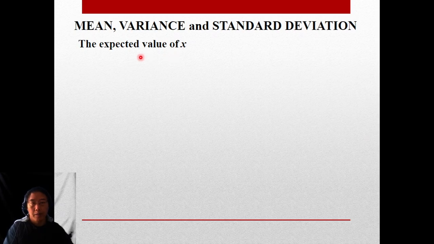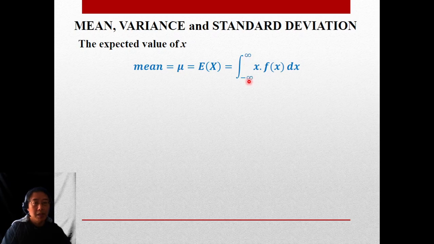Alright, first let's look at the expected value of x. Just a reminder, the mean, or mu, is the integral over the whole domain of x times f of x dx.